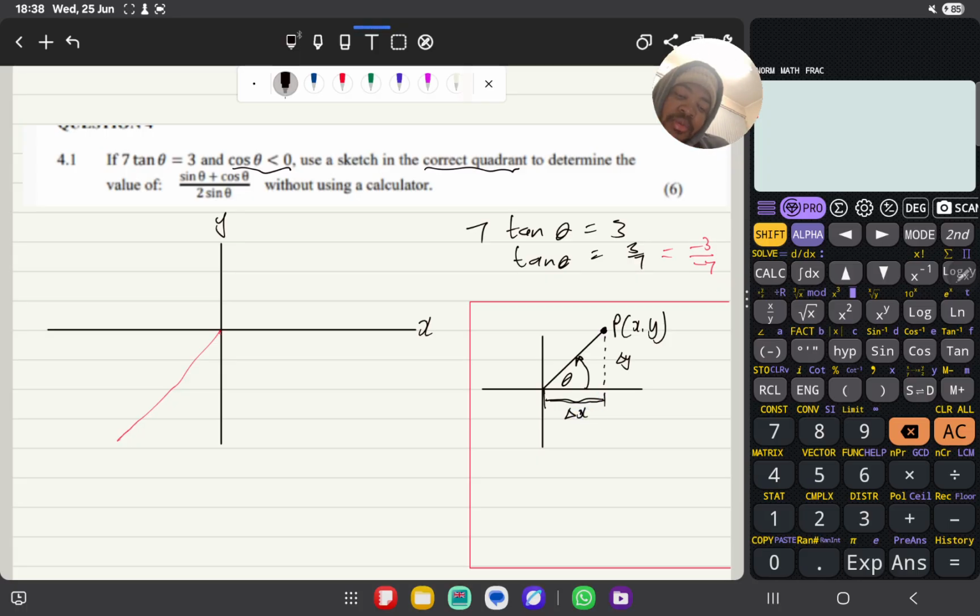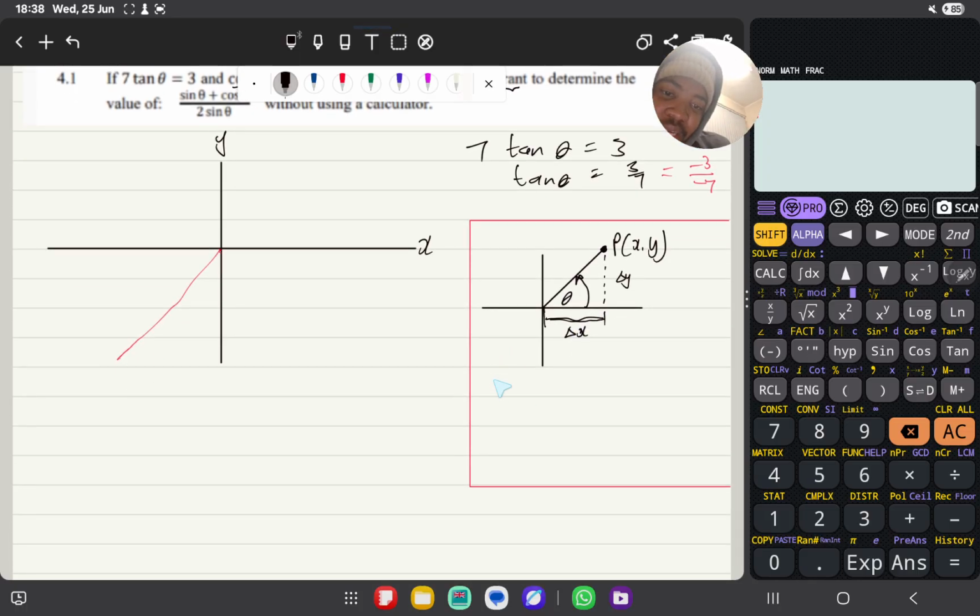Sine theta equals opposite, which is y, over hypotenuse, which is r. Cos theta equals adjacent, which is x, over hypotenuse, which is r. As for tangent, with SOHCAHTOA, opposite, which is y, over adjacent, which is x.